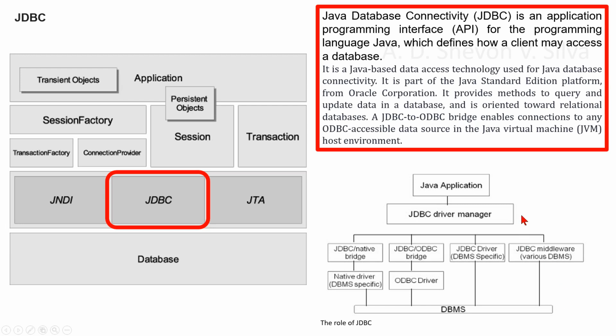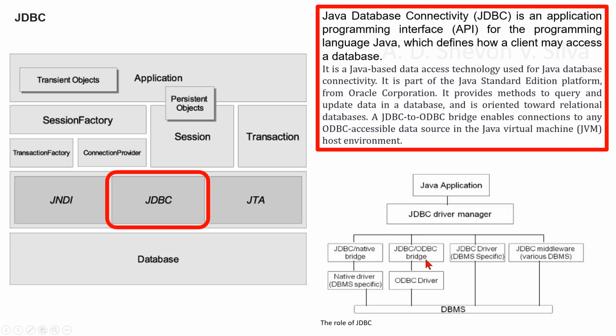Here you can see a Java application connected to the JDBC driver manager. Here you can see the JDBC native bridge interacts with the native driver, DBMS specific. The native driver interacts with the DBMS.